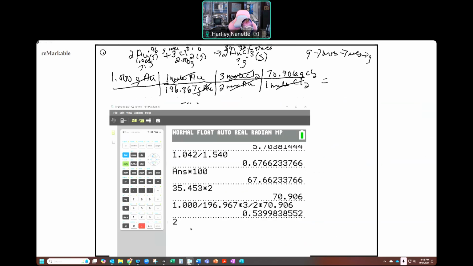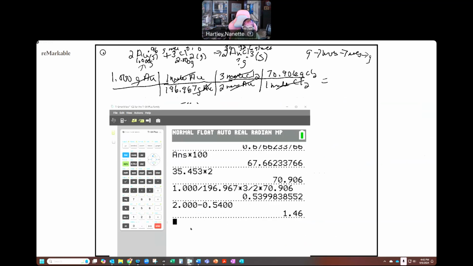So 2.000 minus 0.54, and that leaves me with 1.4600 grams that are left over. That's how much I have left. So that's how much I did not consume and how much I have left over.